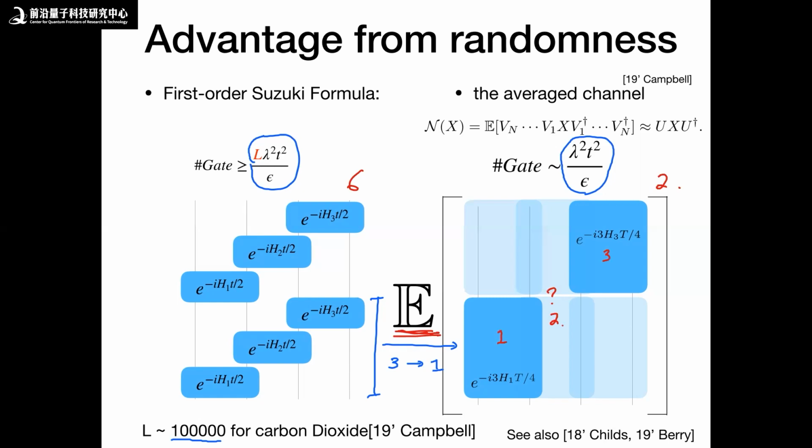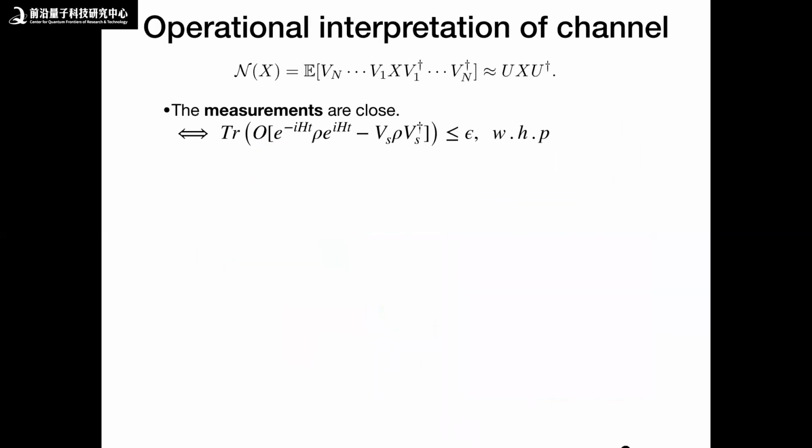Today we're going to look more carefully at this randomized procedure in full detail. Let's get a bit more understanding of what the statement is. I was telling you that this channel, defined by taking the expectation over all possible circuits, is going to approximate your ideal unitary. But what does that actually mean? What it means is that the measurements are close. This is an interpretation.